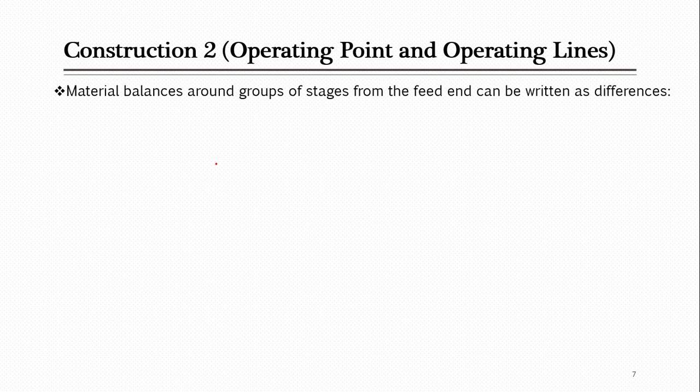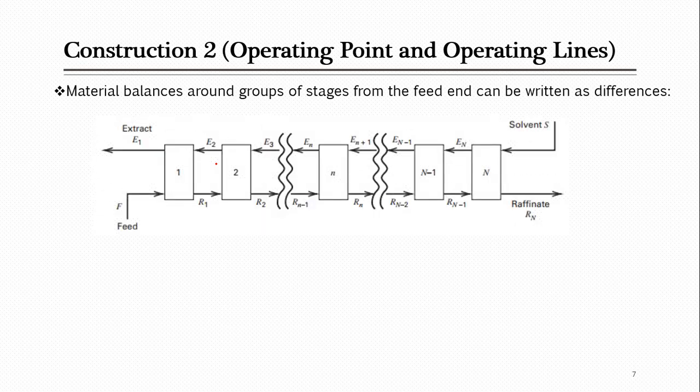So when you look at any number of stages, any system given to you for liquid extraction, as we have seen yesterday, we were given some common system, which you have already seen, in which there are a number of stages and they are numbered from 1 to capital N, and in between there is some stage which is represented with small n.